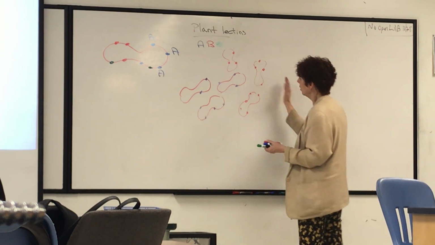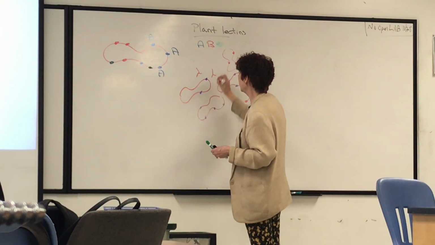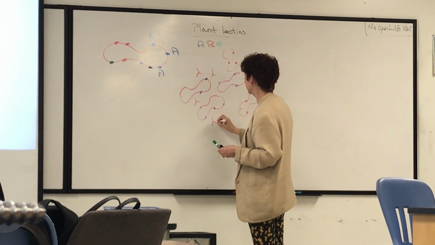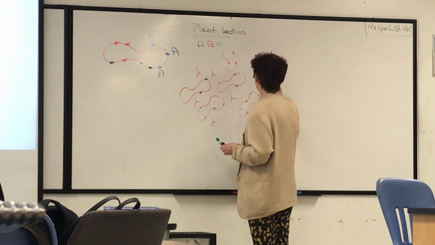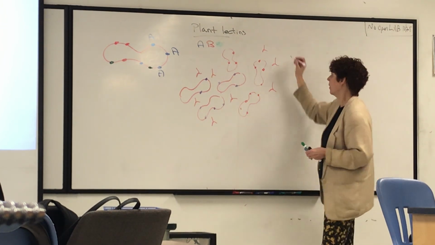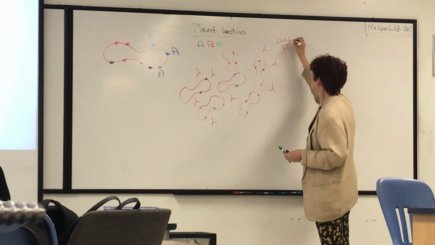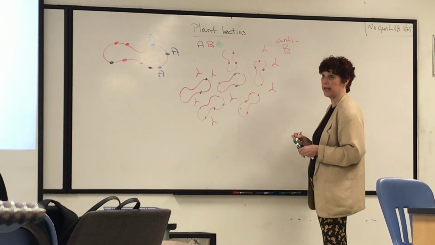So now these new red blood cells have been introduced to the body, and as if you have been vaccinated against the disease, you already have antibodies against the B antigen. So these are what we call anti-B, or antibodies against the B antigen.